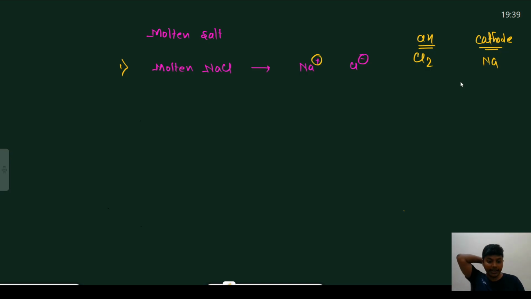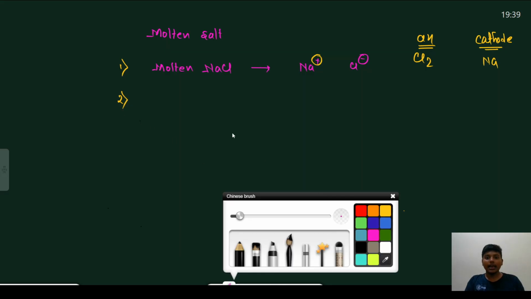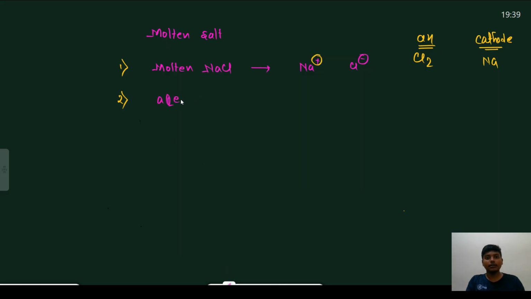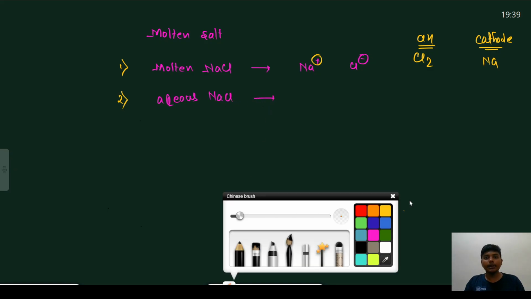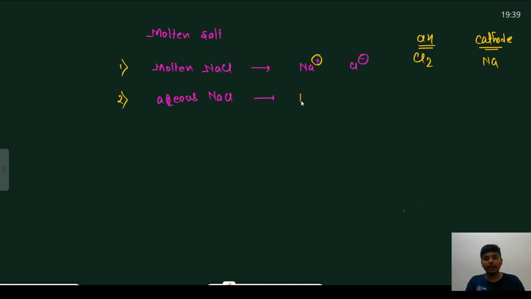Understood? That is if molten NaCl is there, but if aqueous NaCl is there, then what will happen? How many ions are there? Na plus, H plus, Cl minus, OH minus. Now H plus is smaller than Na plus.